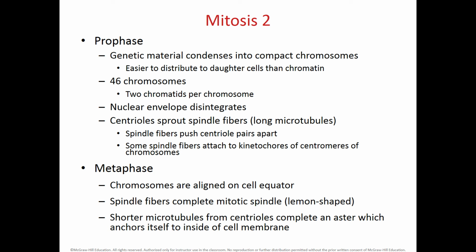So you start with 2 sets of chromatids, and then you have to dissolve the nuclear envelope so that the microtubules being formed within the centrioles, which are located in the cytoplasm, can penetrate this almost disintegrated nuclear envelope.